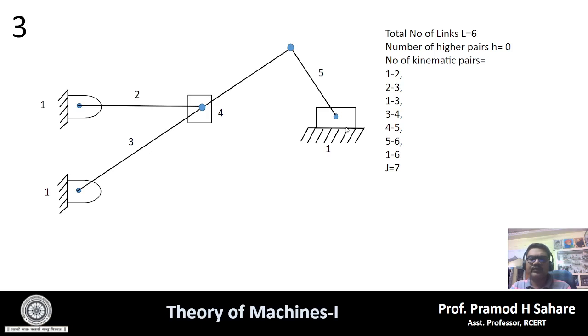Then degrees of freedom will be n equals 3 times (L minus 1) minus 2J minus H, so we'll put all those values and we'll get degrees of freedom as 1. So this mechanism is having 1 degree of freedom.